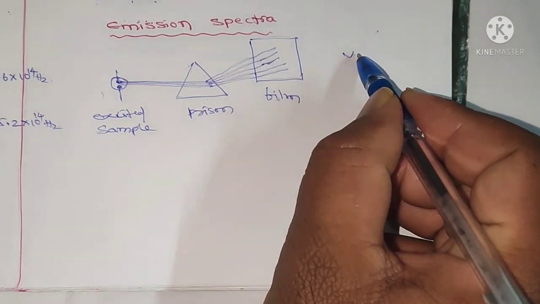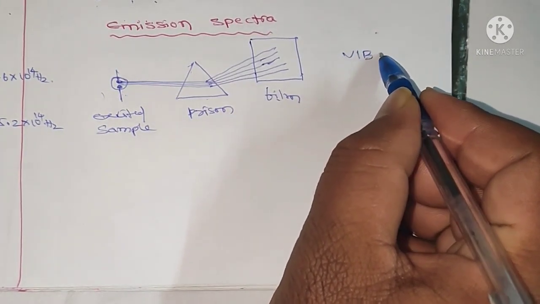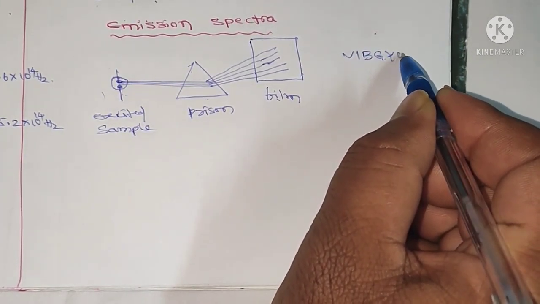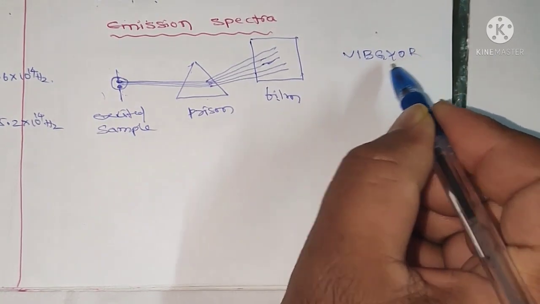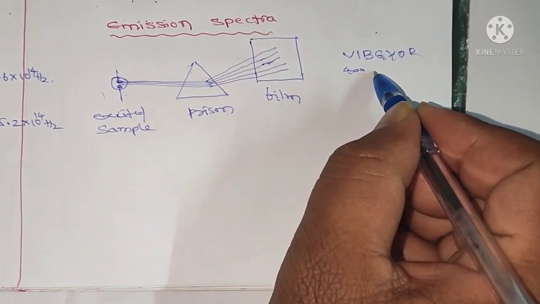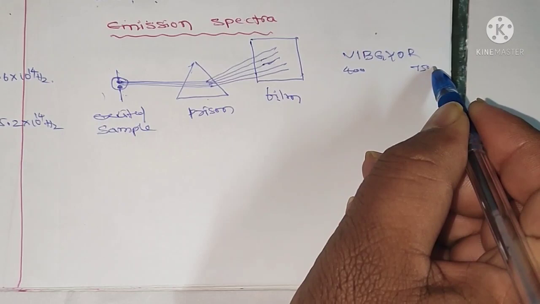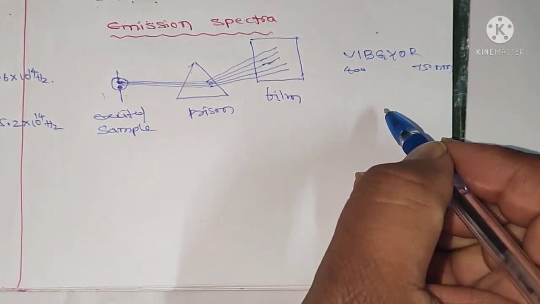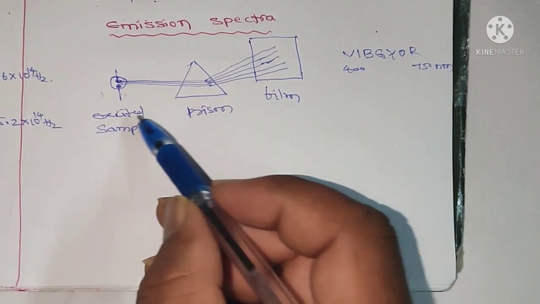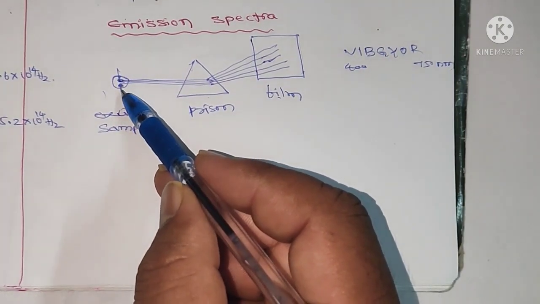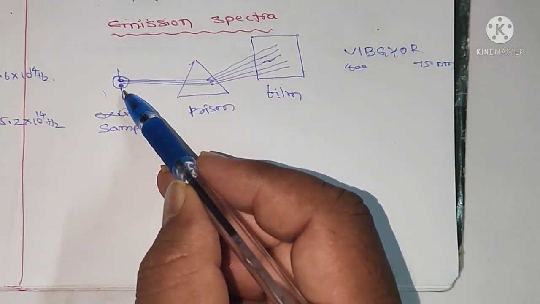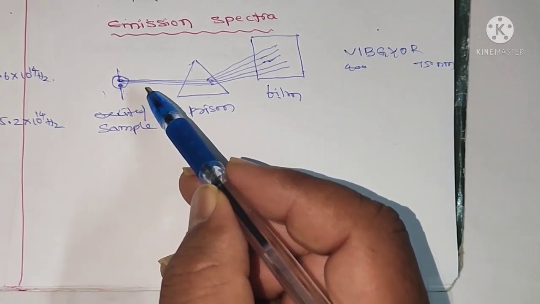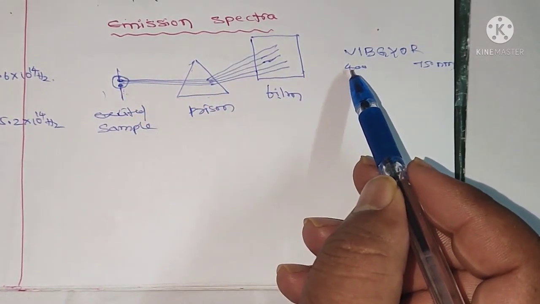We know the VIBGYOR range, 400 nanometers to 750 nanometers. This is the wavelength. The atoms or molecules or ions absorb certain wavelengths of radiation.